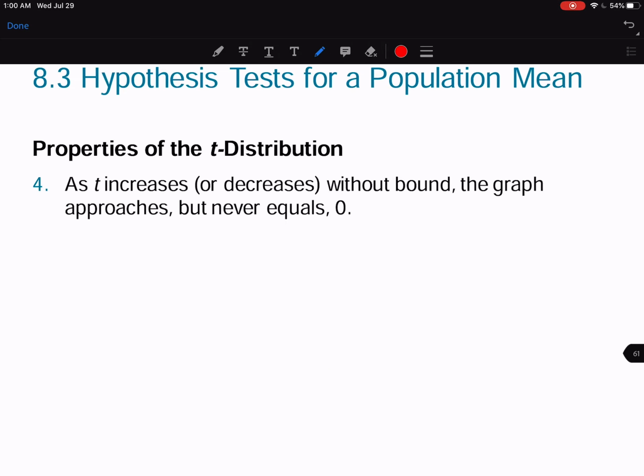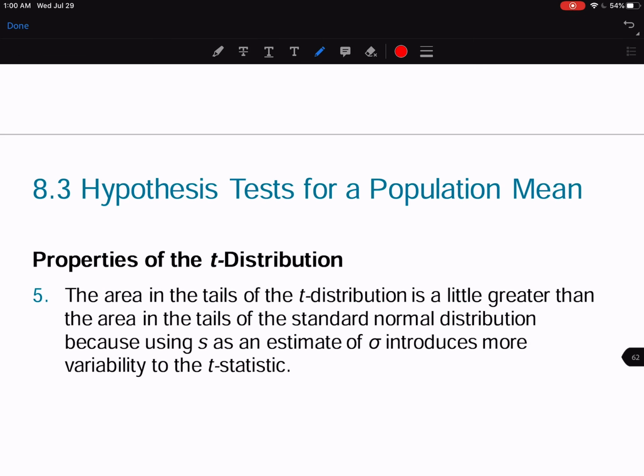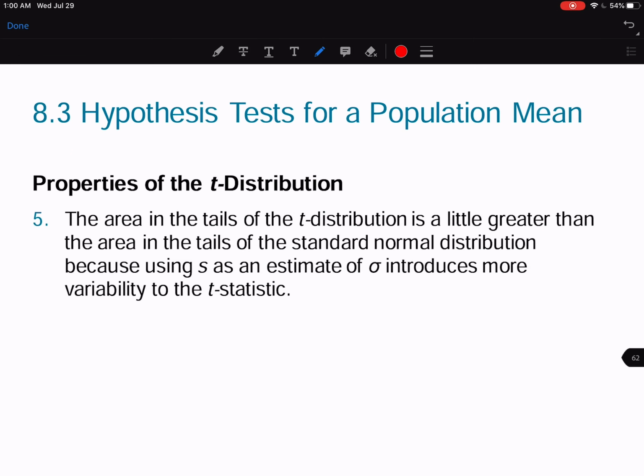Number four, as t increases or decreases without bound, the graph approaches but never equals 0. Number five, the area in the tails of the t-distribution is a little greater than the area in the tails of a standard normal distribution, because using the sample standard deviation s as an estimate of the population standard deviation sigma introduces more variability to the t-statistic.